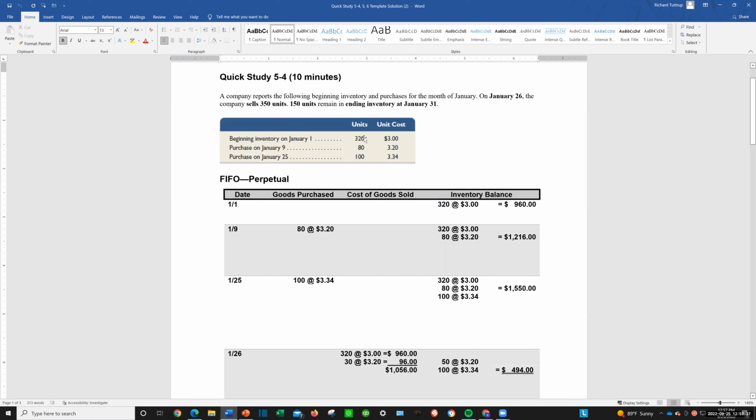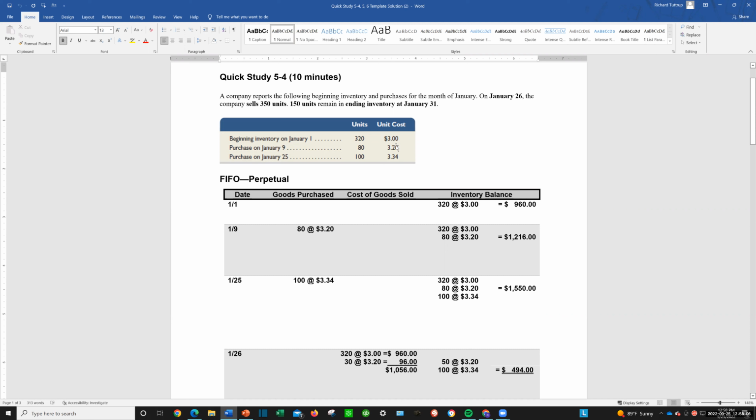Well, let's write this down. We start out with beginning inventory of 320 units at $3. So we start out with an inventory balance of $960. Okay, now on January 9th, we purchase 80 units at $3.20.